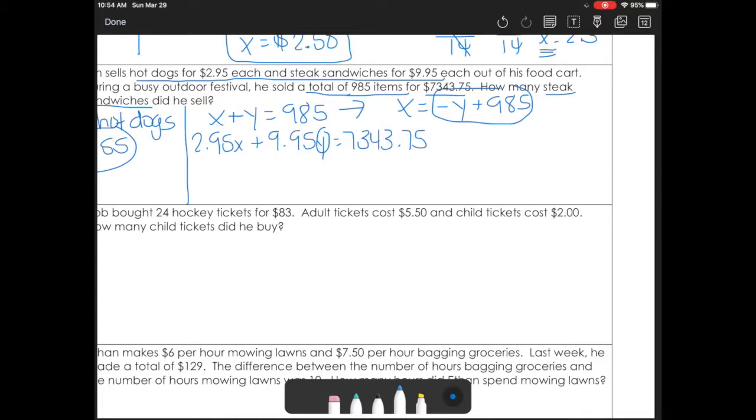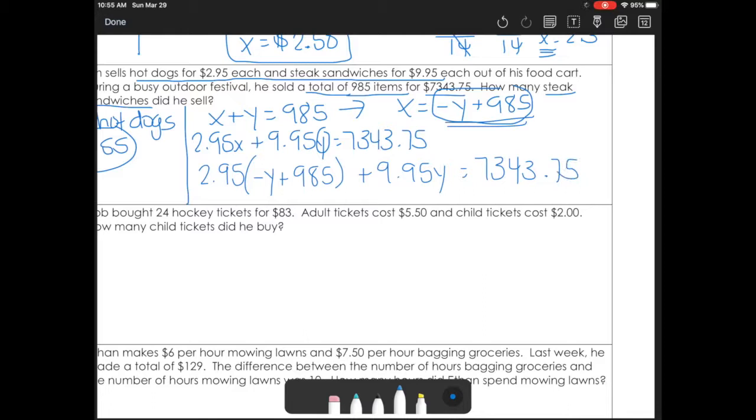So 2.95, and x is now this, negative y plus 985, plus 9.95y equals 7343.75. All right, we have the distributive property right here.